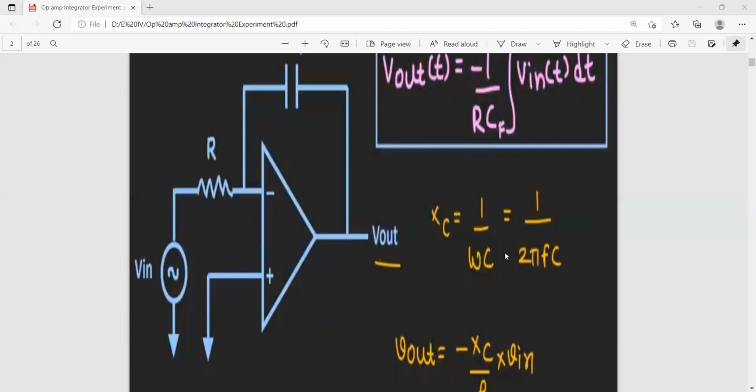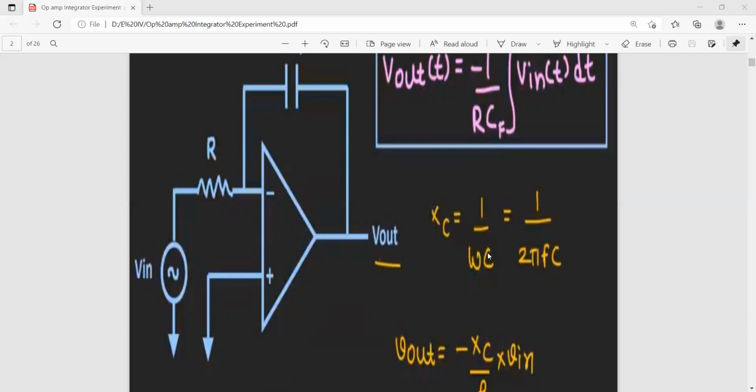Reactance of the capacitor is equal to 1 by omega C, which is a frequency dependent component. A capacitor is always frequency variable, because its reactance, that is the resistance of the capacitor or inductor, will vary with the variation of the frequency.